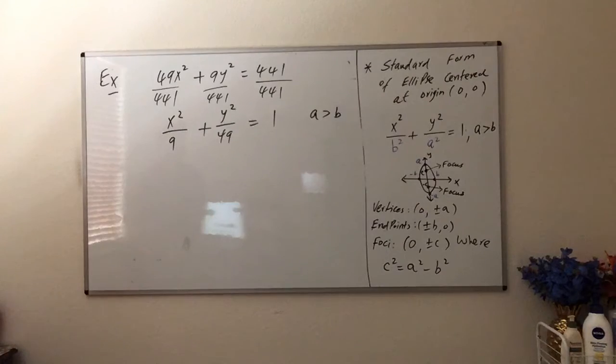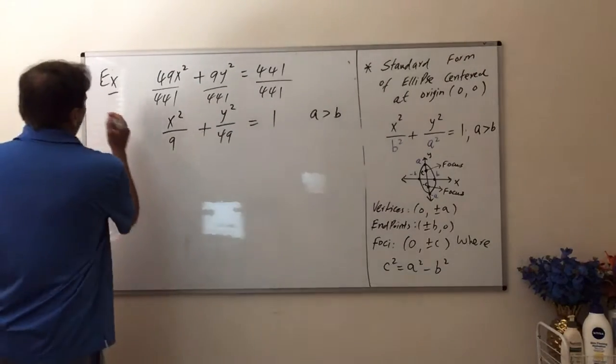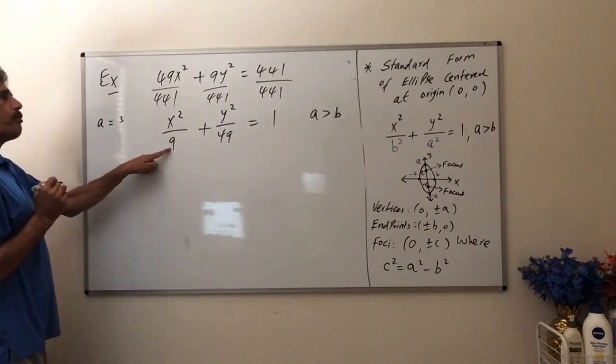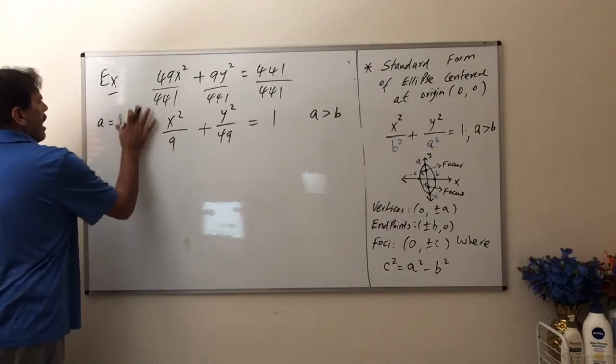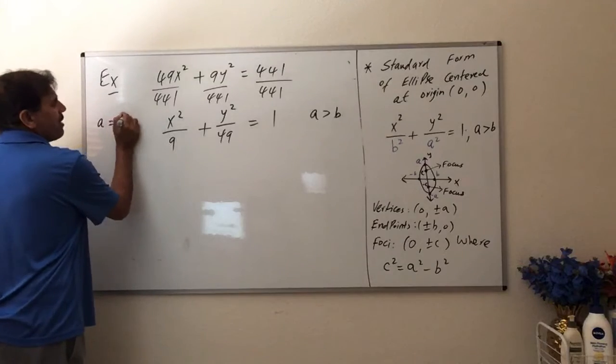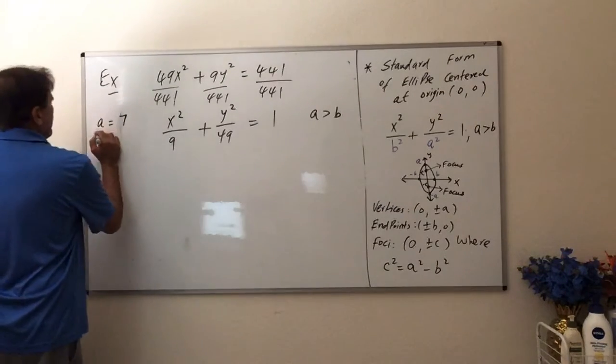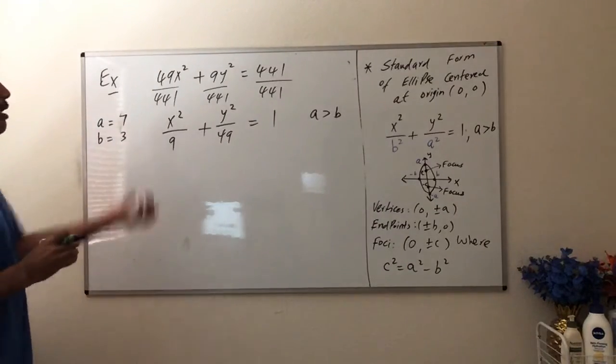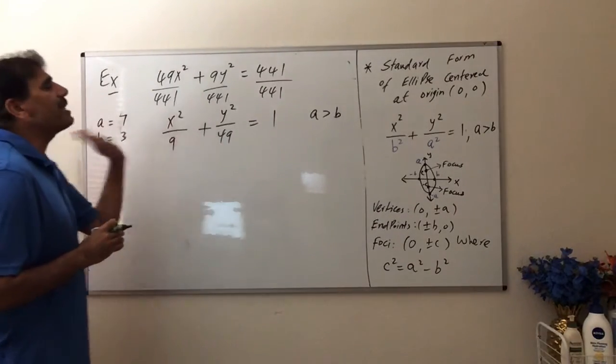So we are ready to write. In this case, a is bigger, so a is 7, the square root of 49, and b is 3. Because a is greater than b, whichever number is bigger, we count that one as a.